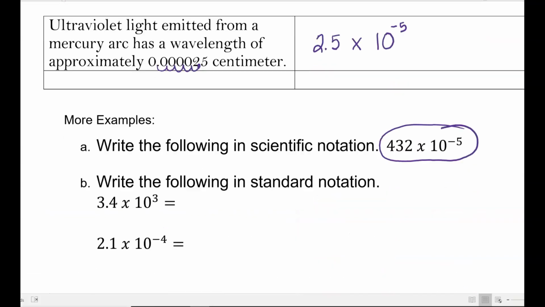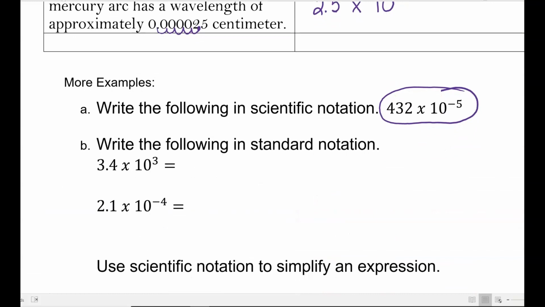And definitely here, 432 is not a number between 1 and 10. So we definitely want to change this because the decimal currently is here, and we need to move it 2 places to the left.